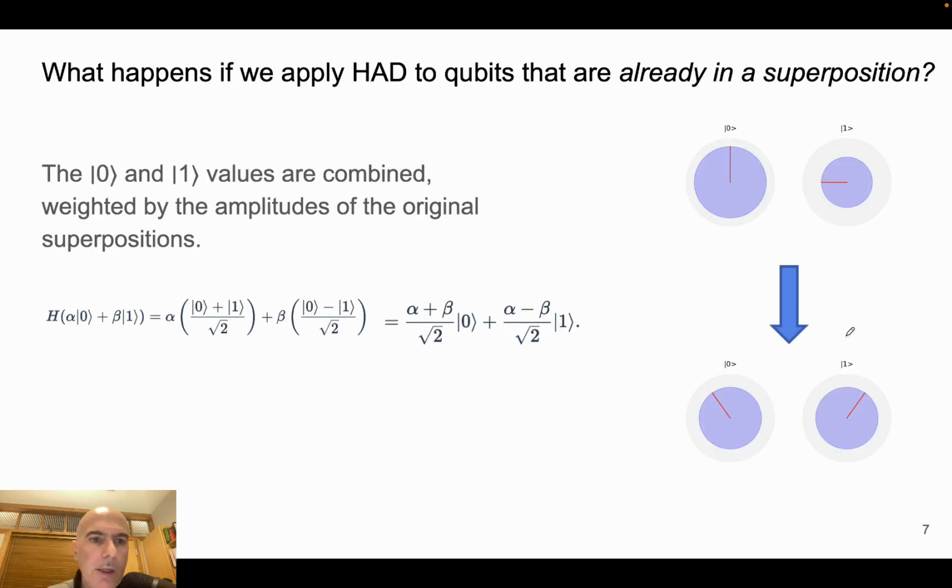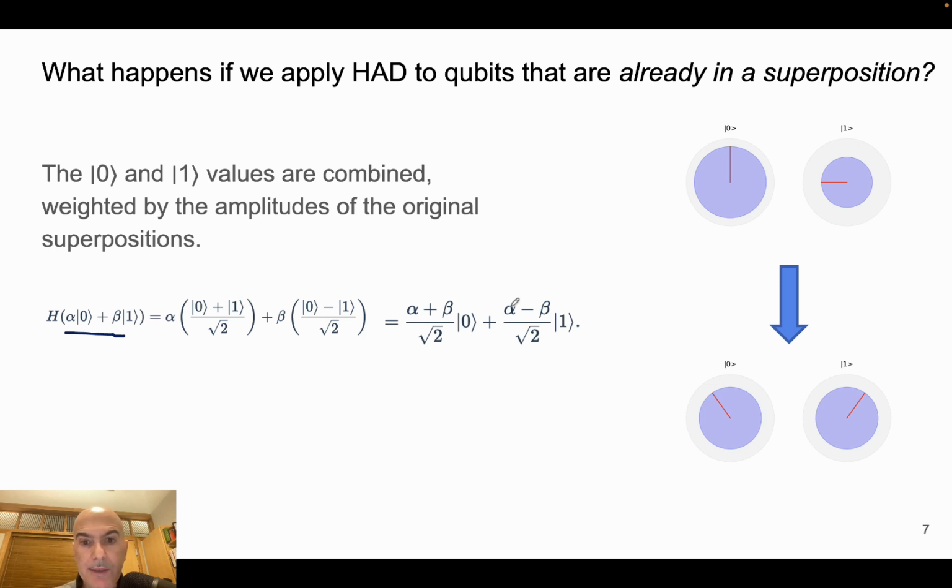In the previous slide, we saw the Hadamard gate applied to a classical bit, so either state 0 or 1. Obviously, what we can do is apply the Hadamard gate also to a qubit that is already in a superposition of states. In this case, we have a qubit in a superposition with a complex coefficient alpha multiplying the state 0 and a complex beta multiplying the state 1.